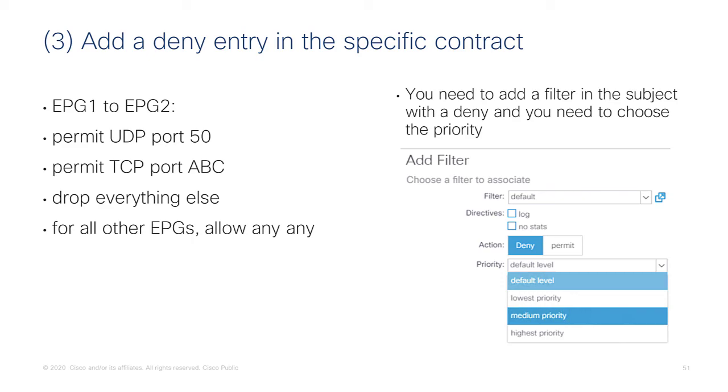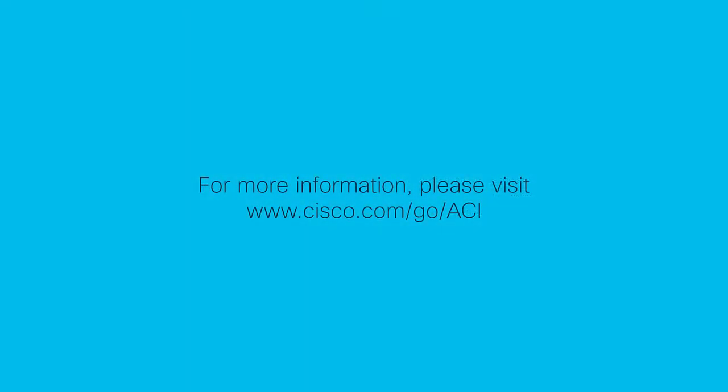Now, if you just put any deny with the default level, this will also drop traffic destined to port 50. So what you need to do is to enter the deny, but to use a lower priority. You need to use, for instance, the medium priority so that the permit rules take priority and the deny rule becomes the implicit deny only for that EPG1 to EPG2 contract and not for the entire configuration of that VRF.